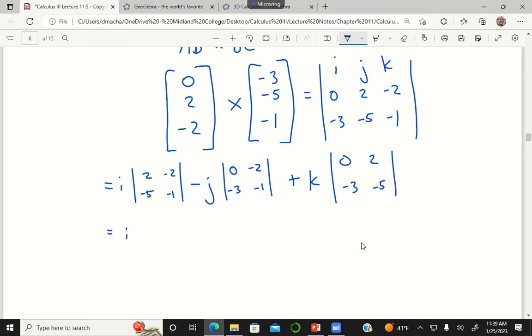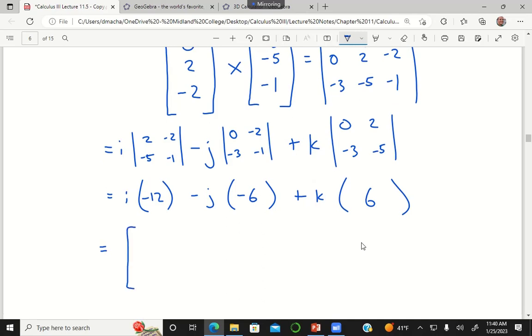So that will be i times negative 2 minus 10, negative 12. And then this is 0 minus 6. And this is 0 minus negative 6. So this is going to be the vector negative 12, positive 6, positive 6. There we go.